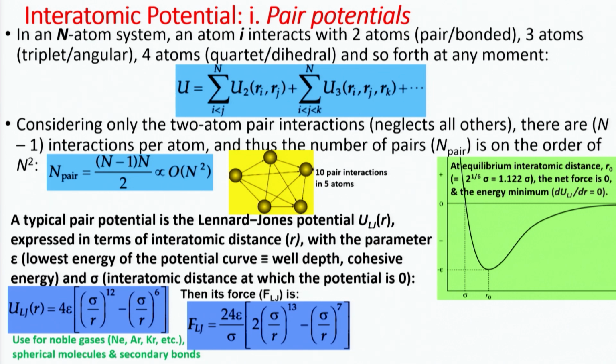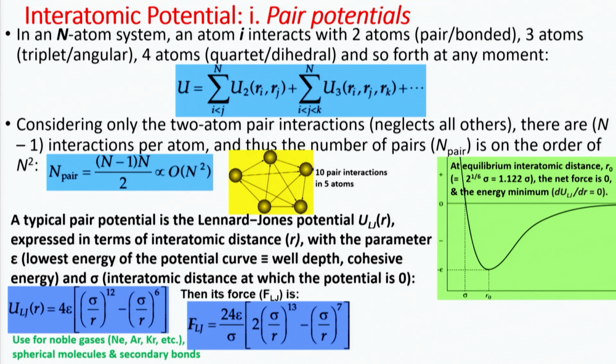It has a position at which the energy is minimum, and also a distance at which the energy is 0. So we consider this energy well, epsilon, and also the separation distance where the potential is 0. These two parameters we can use to estimate the repulsive and attractive potential.